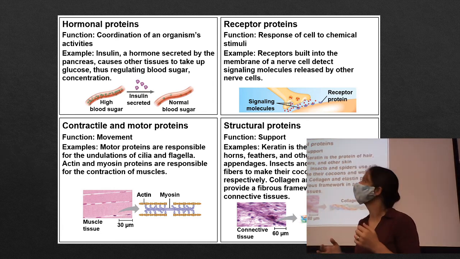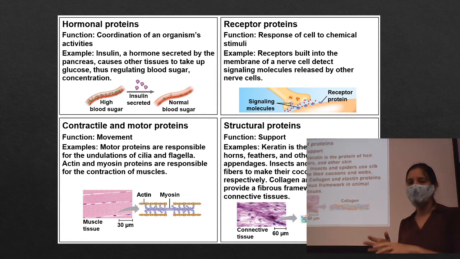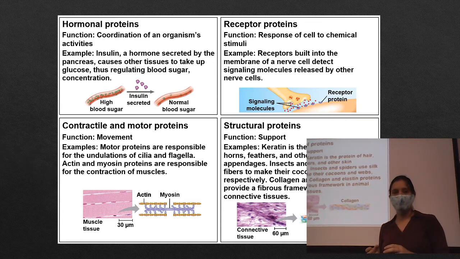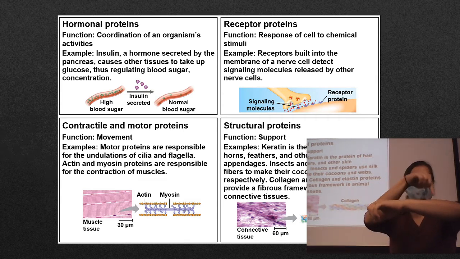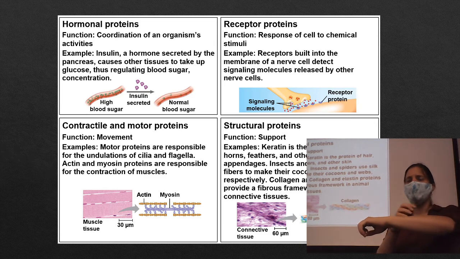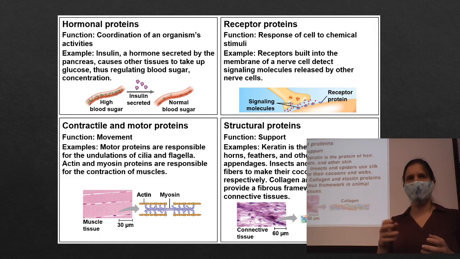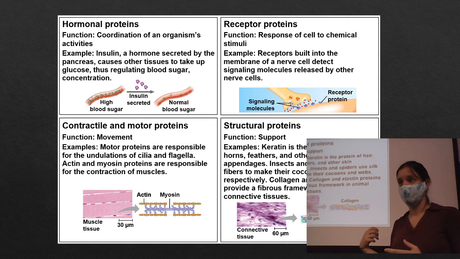Proteins are also going to do things like receptors. For instance, if a bug crawls on you or you feel something, there can be receptors to the changes that occur. Those receptors are going to be proteins. As those change or let in different chemicals, they'll send a signal.